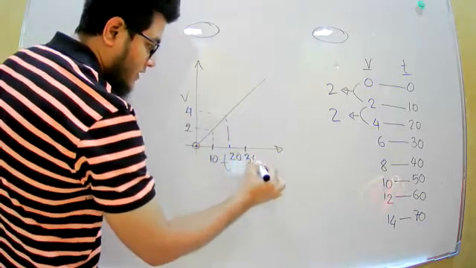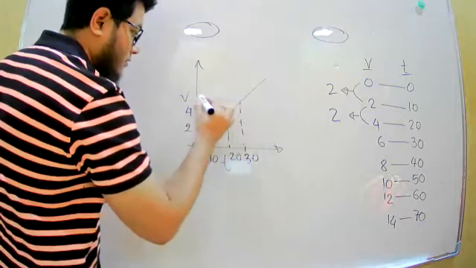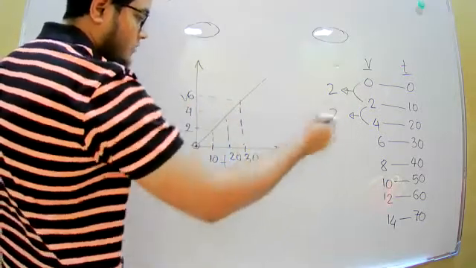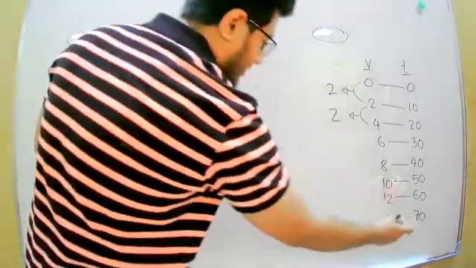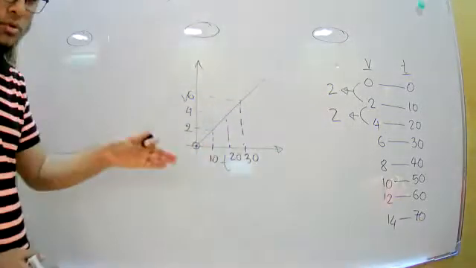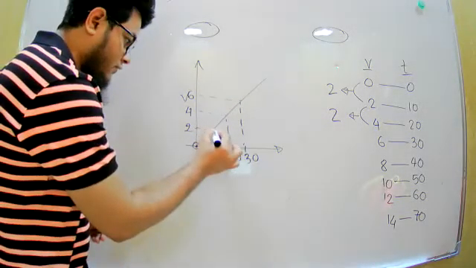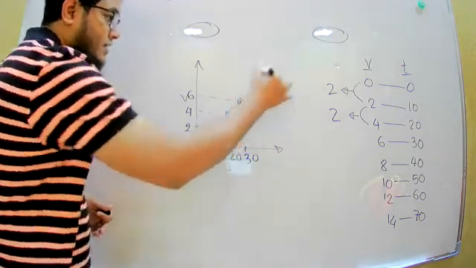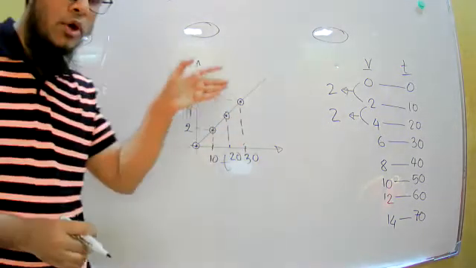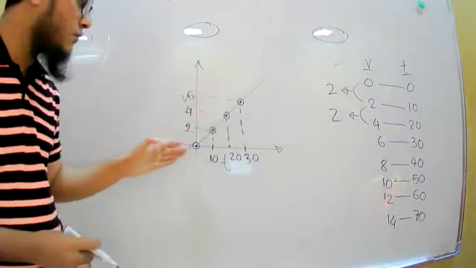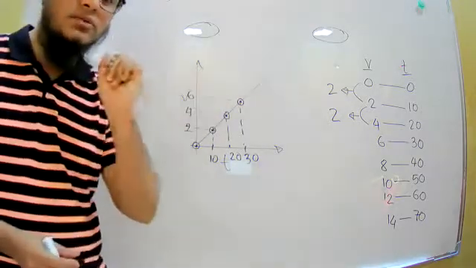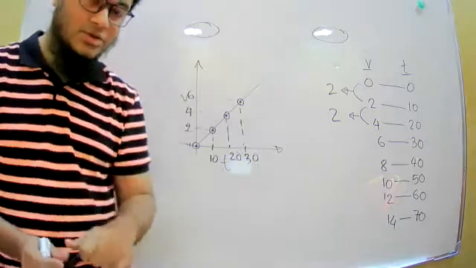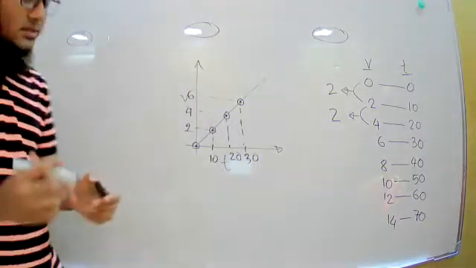Then for 30, it will be 6, and it will continue up to 70. I'm not putting the future points because you get the idea. The points are going to be like this. After you have plotted the points on the graph paper, if you join them, you will get a straight line without a doubt if you have done it correctly, inshallah. So this is the graph.